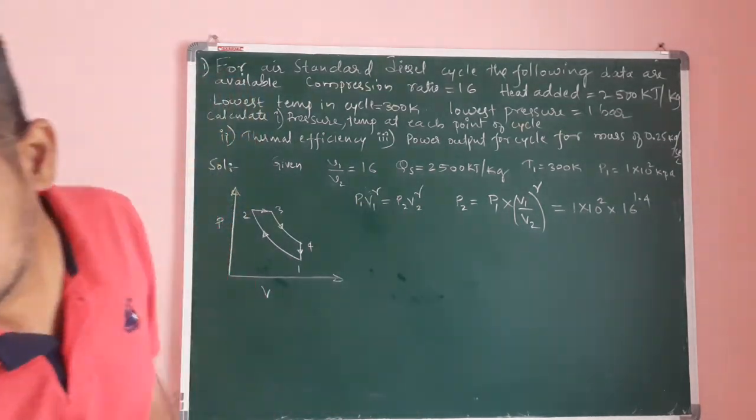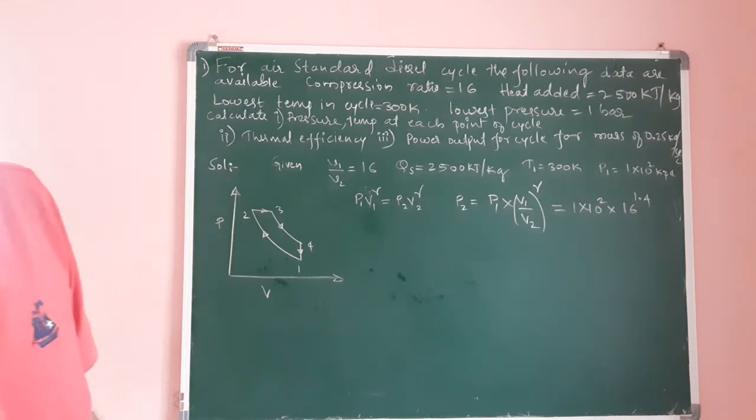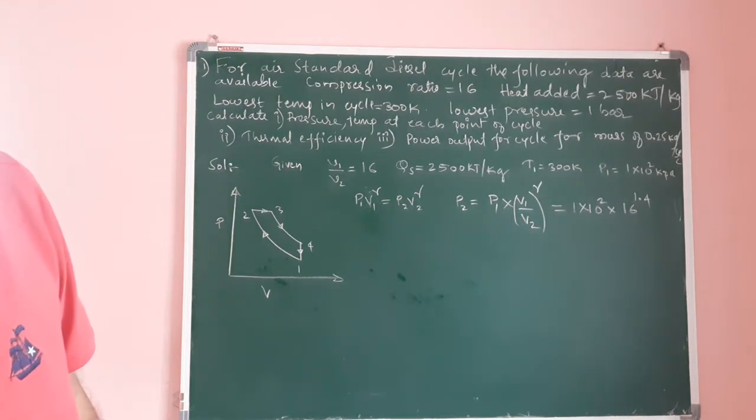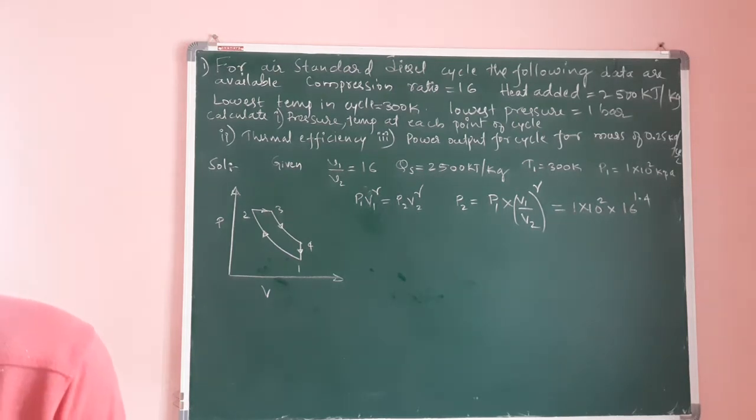If you calculate like this, you will get the P2 value. P1 they have given. You will get P2 as 48.5 bar.